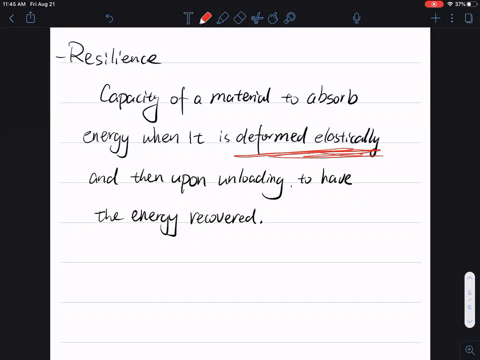It's kind of like how much energy you can store in a spring, right? All the elastic strain energy. And this resilience is related to our stress strain curve. It can be calculated from the stress strain curve.